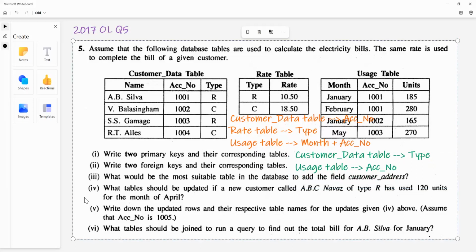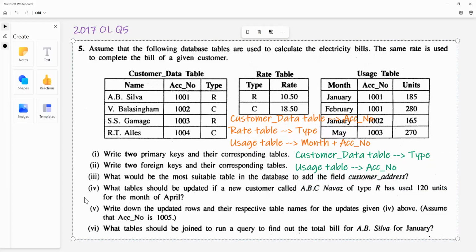Right. Now, can you send me the answer for the third one in the chat? What would be the most suitable table in the database to add the field custom address?